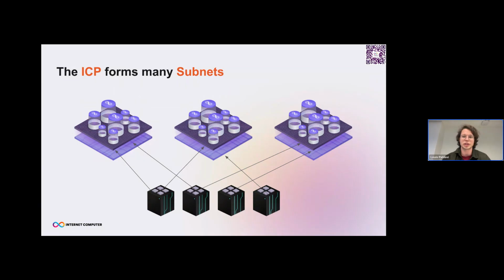So it's a replicated state machine, meaning that each node within the subnet performs the same computation on the same input and achieves consensus on the result, on the output, and on the updated state. As we can see, the IC essentially consists of many individual subnets that are running in parallel.